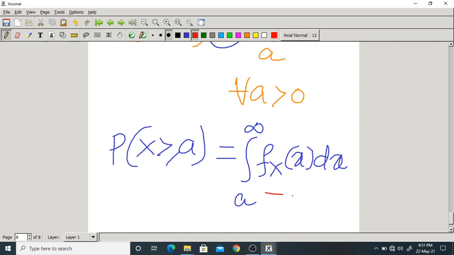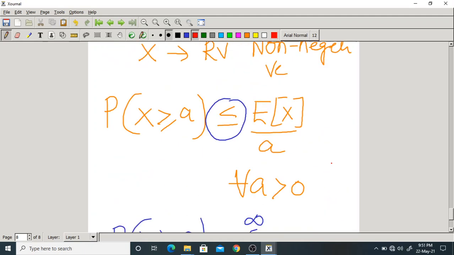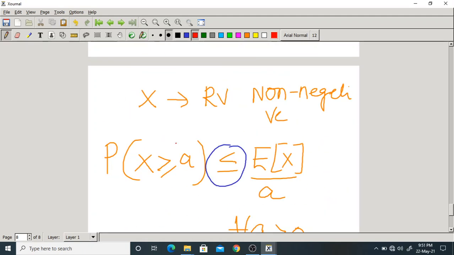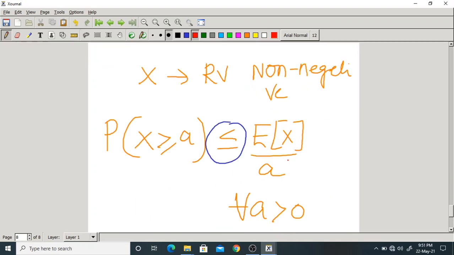The area under the PDF is the probability. Whenever the PDF is not available or it is difficult to calculate, we go for inequalities. Here we are calculating the probability without knowing the PDF. If you just know the expectation, you can calculate the probability. But remember, it is an inequality, not the exact value of the probability. It is just an inequality, but it is still useful.